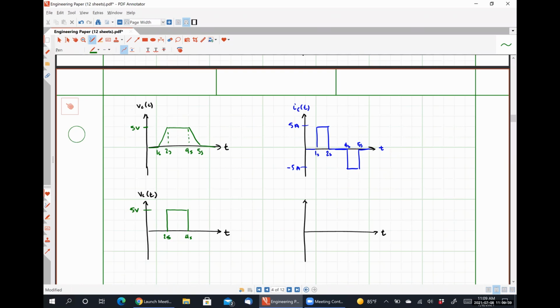What's going to happen to my current if my voltage waveform shifts from 0 volts up to 5 volts instantaneously? Any thoughts?